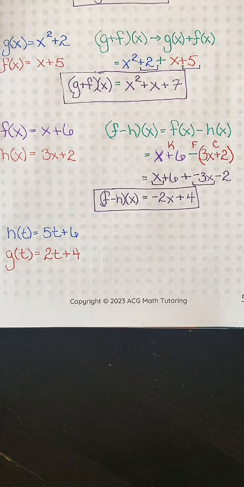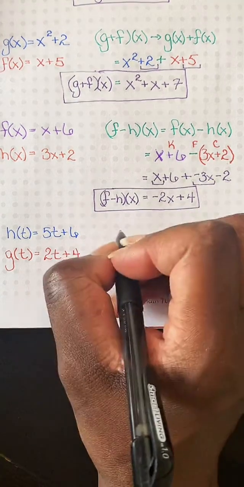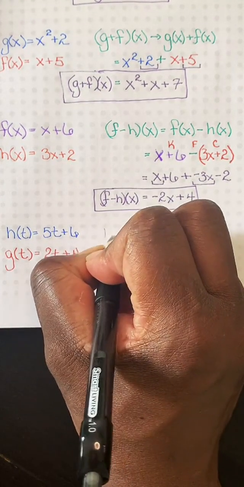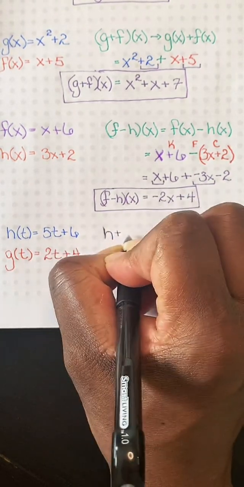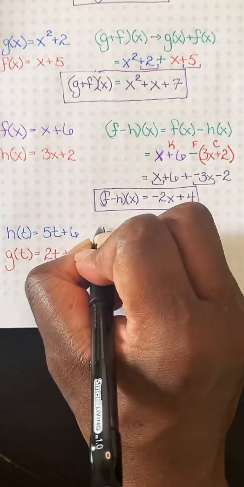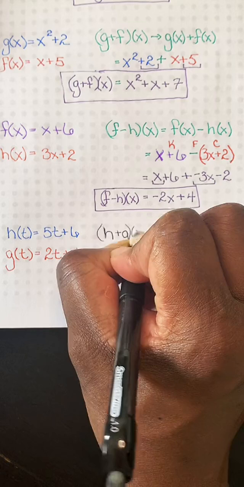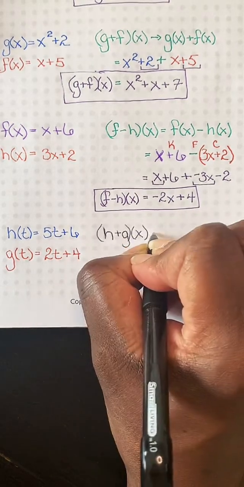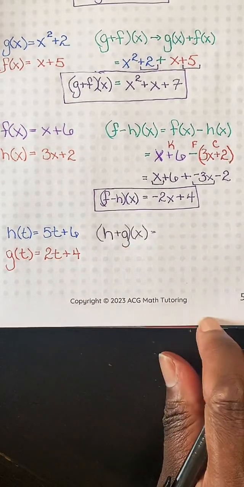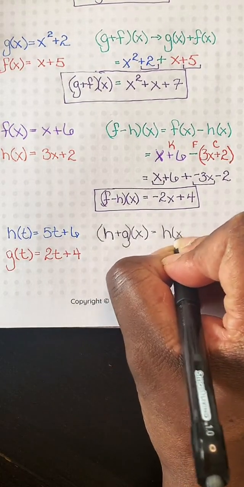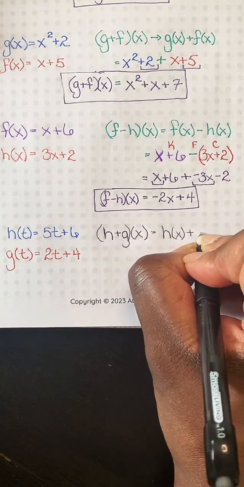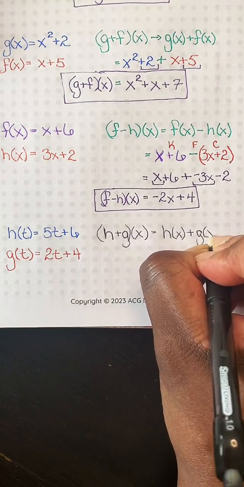And what we're looking for is h plus g of x. Okay, and remember that's the same as saying h of x plus g of x.